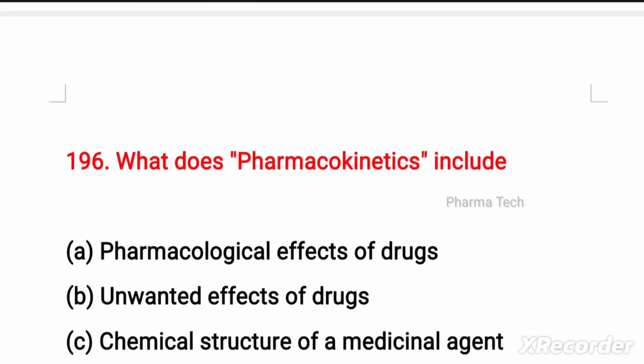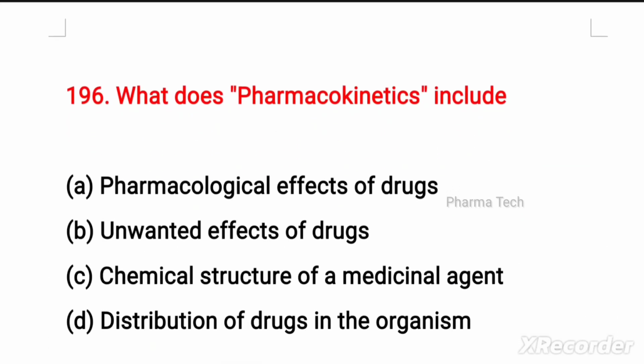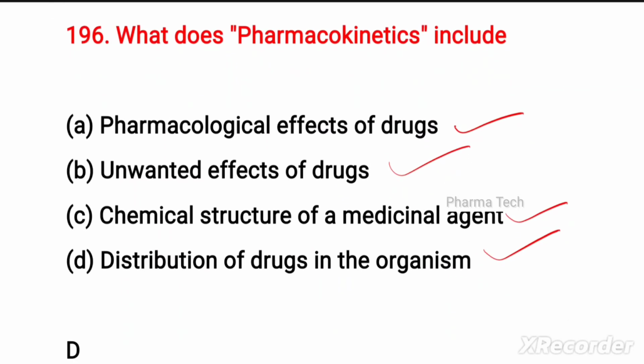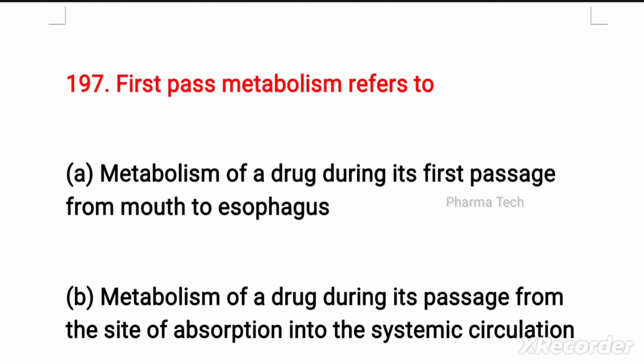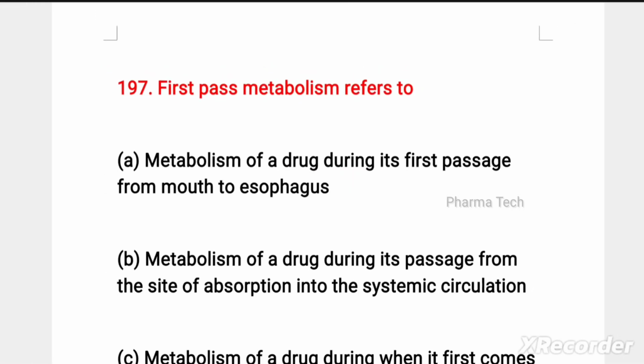Next question, what does pharmacokinetics include? Options are pharmacological effect of drugs, unwanted effect of drugs, chemical structure of a medicinal agent, distribution of drugs in the organism. Answer is D, distribution of drugs in the organism. Next question, first pass metabolism refers to.